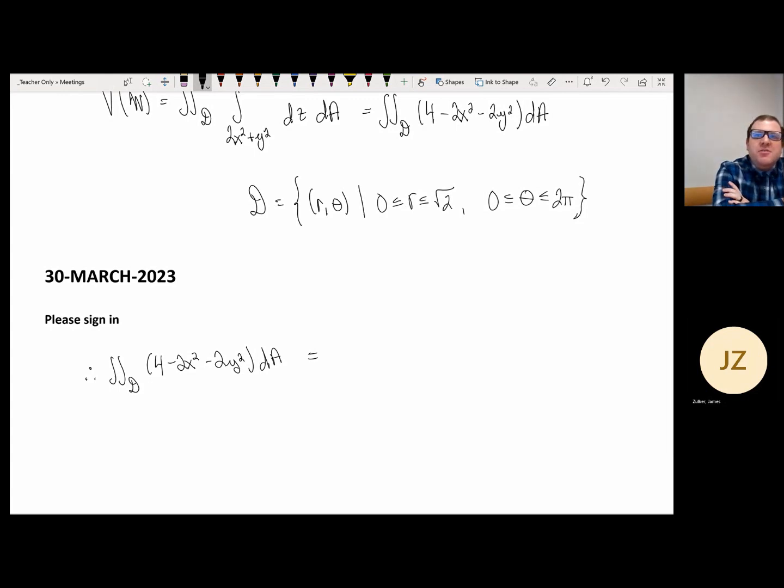So how would we rewrite this integral now? All right, now it's going to be an iterated integral. How would we write it?